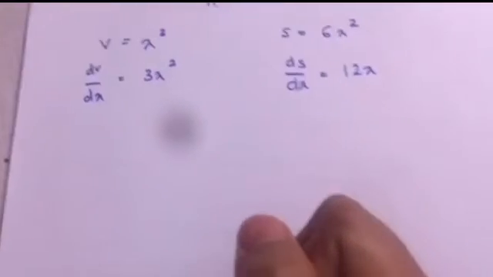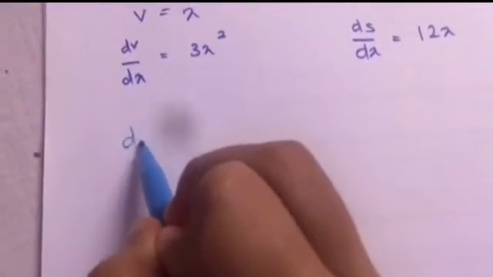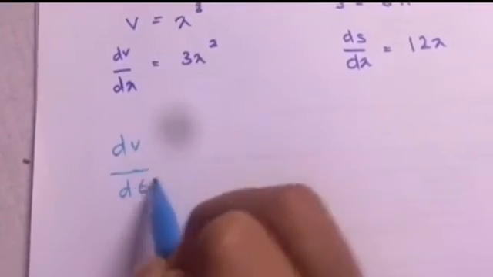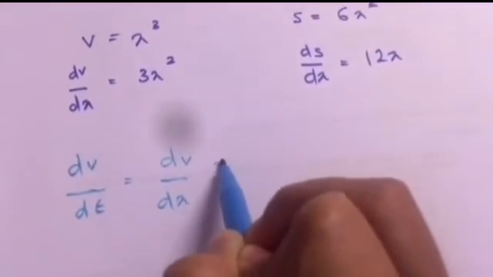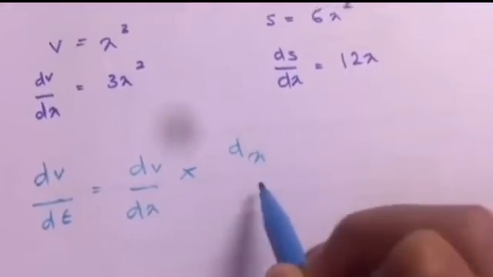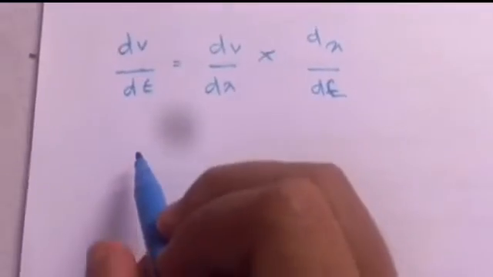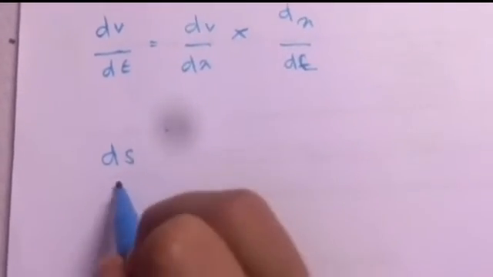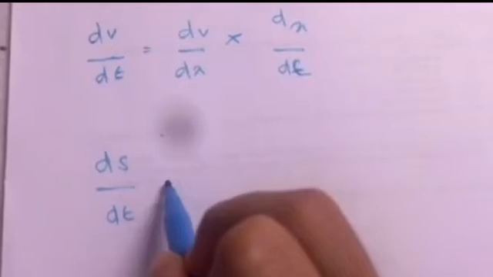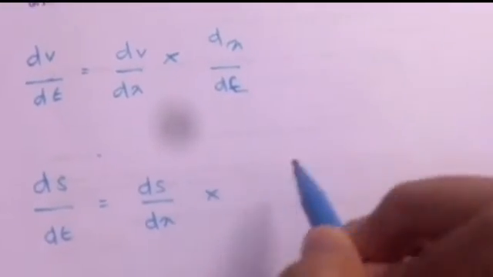Using the chain rule, we get two equations. dv over dt equals dv over dx multiplied by dx over dt, and the second equation would be ds over dt equals ds over dx multiplied by dx over dt.